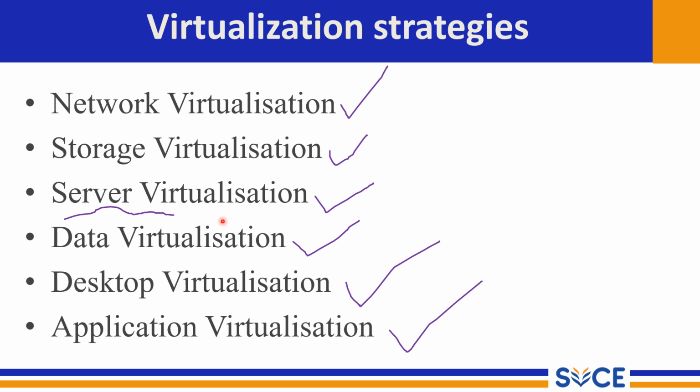Virtualization has also become an indispensable tool. That is, even though there is technological advancement, we are going for this kind of virtualization. And it will be interesting to see how these strategies contribute to the future development and acceptance of cloud computing. So this is all about the virtualization strategies.